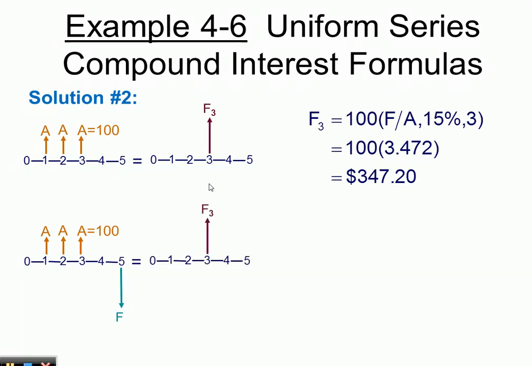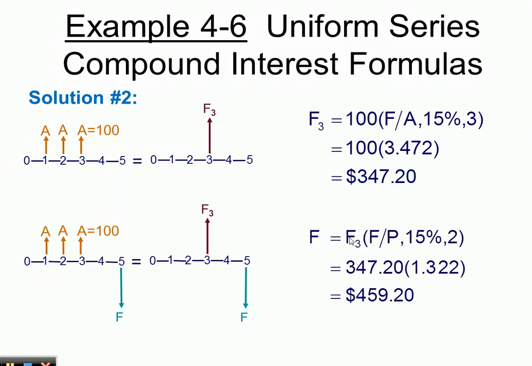Then we would move F3 to 5. And so again, this would be the present because it's before the future, and this would be the future amount. So then we can find F from the F3 that we just found. F3 is now the past, or the present amount. So we look at it as the P. This F3 is actually representing the P. So we have F given P, at 15% and 2, because there are 2 years between 3 and 5.